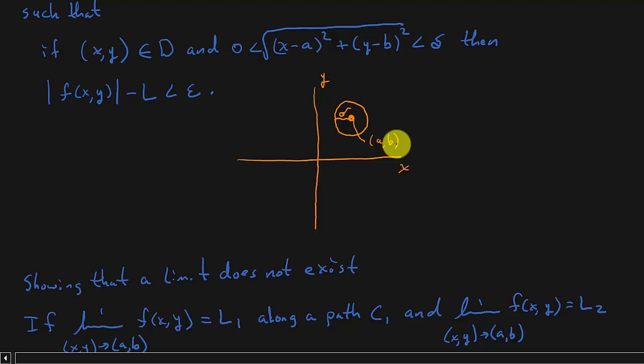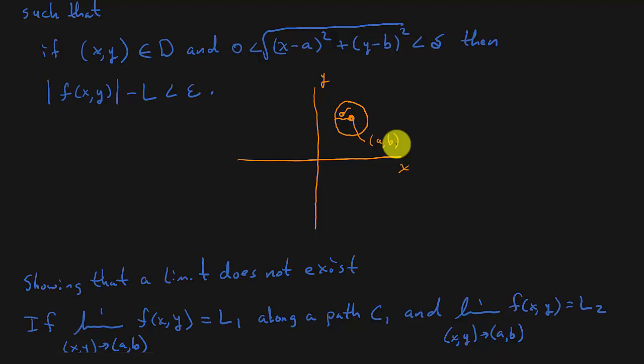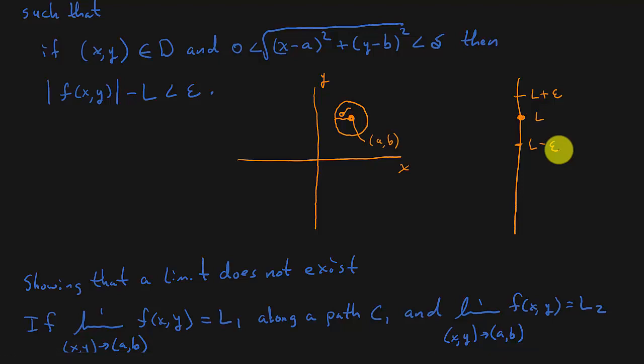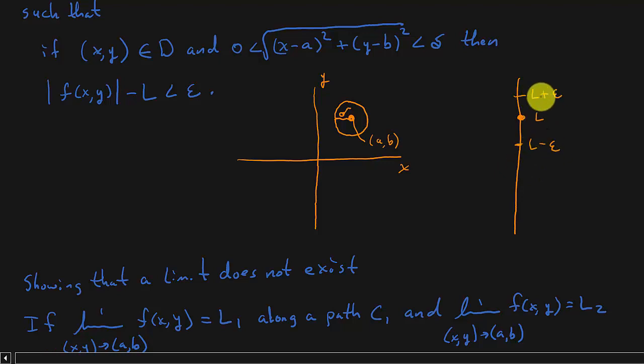If we have an interval over here, we'll say this is L, and then we've got L plus epsilon and L minus epsilon. So if any small interval, from L minus epsilon to L plus epsilon, is given around L, then we have a disk over here with center (a, b).